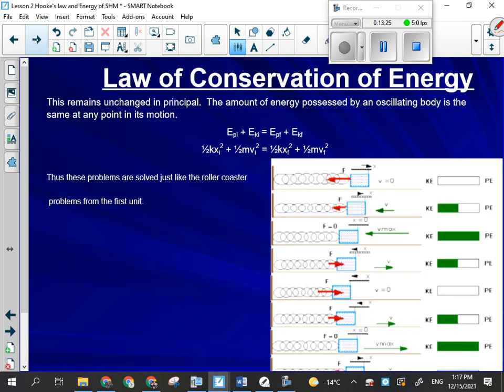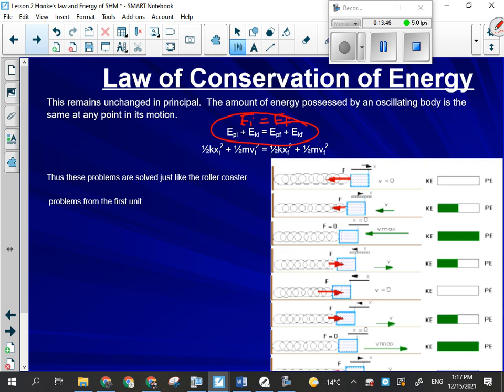Okay, so this works just like our problems back in Unit 2 on roller coasters. We still say that for conservation of energy, initial mechanical equals final mechanical. That's initial potential plus initial kinetic equals final potential plus final kinetic.